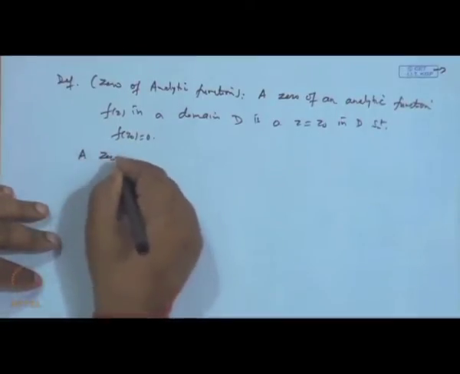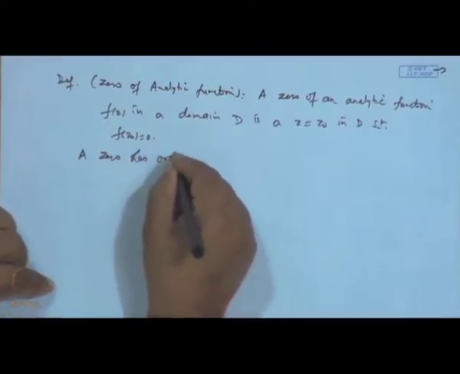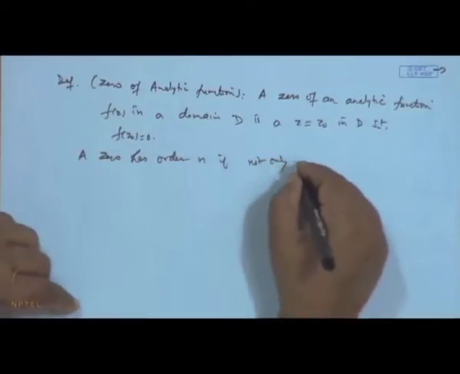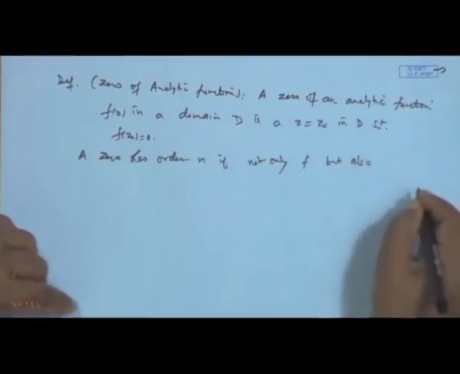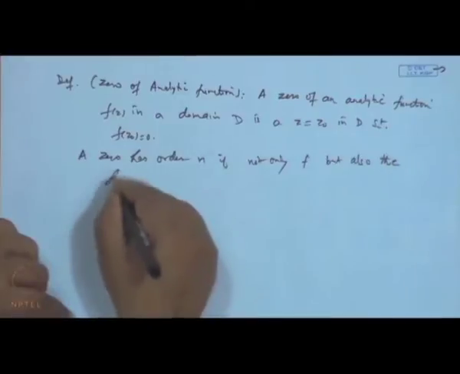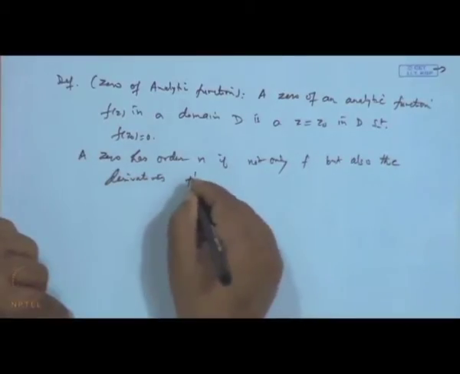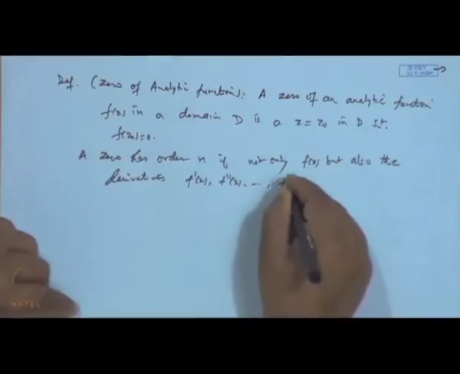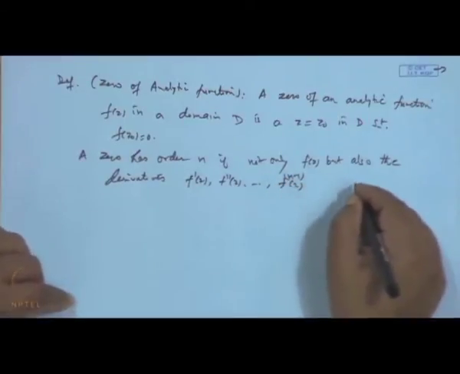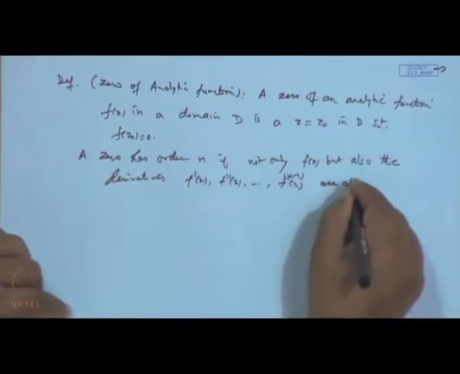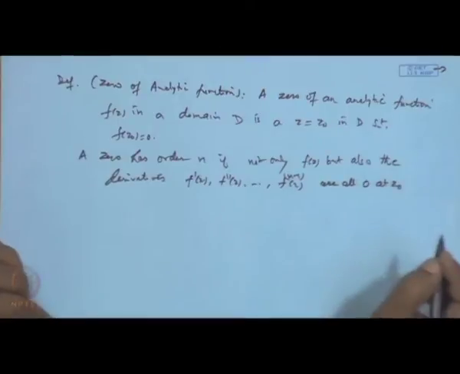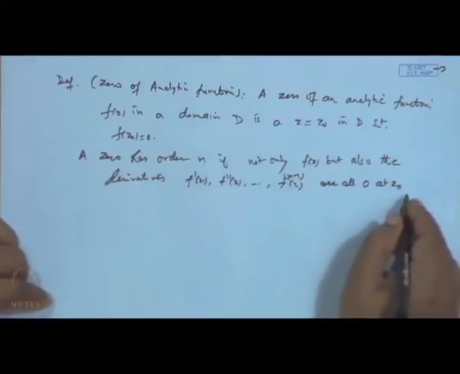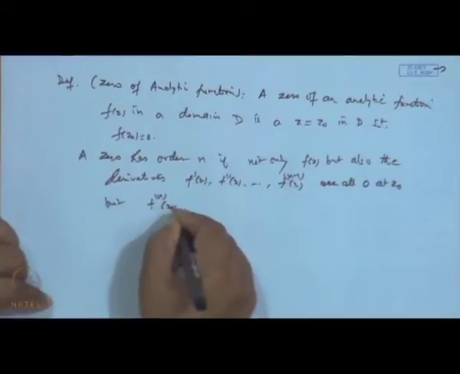A zero has order n if not only f, but also the derivatives f prime(z), f double prime(z), up to f to the n minus 1 (z), all vanish, that is, are all 0 at z naught, but the nth derivative of this function is different from 0.